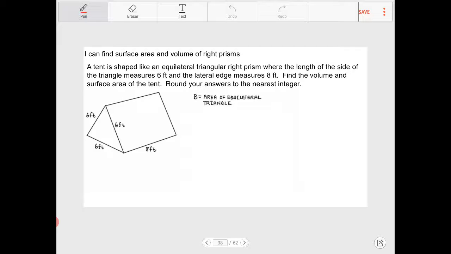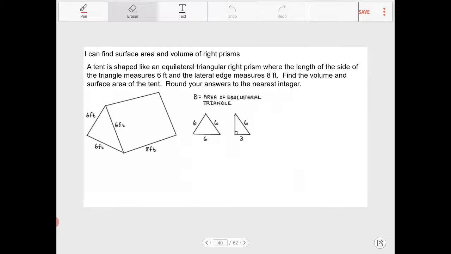So we're going to call B, again, the area of the equilateral triangle. That's this guy right here. This is the area of the base, because this equilateral triangle will be the same on the other side. We're going to have two equilateral triangles, therefore these are going to be my bases. So to find the area of the equilateral triangle, what are we going to do? I have a triangle that's 6, 6, 6. I'm going to break this equilateral triangle in half.